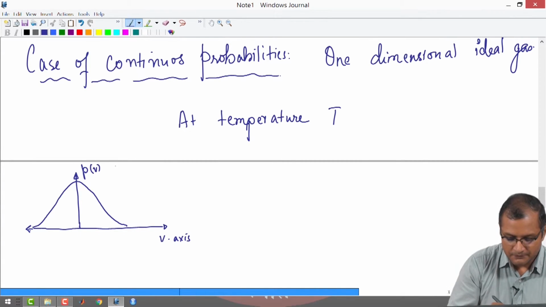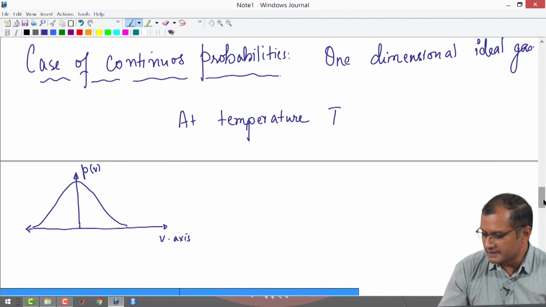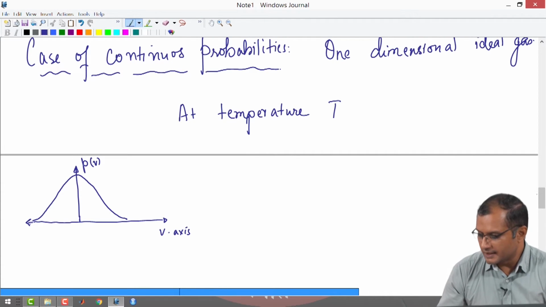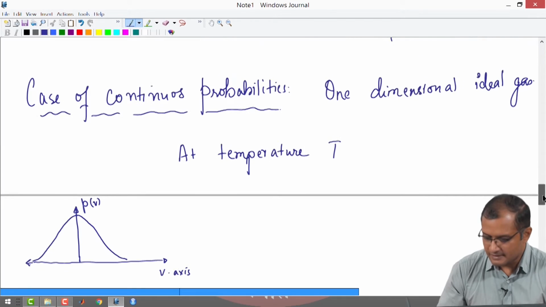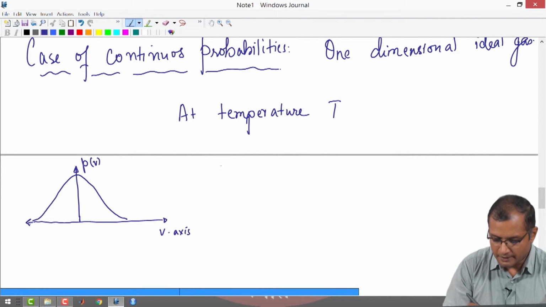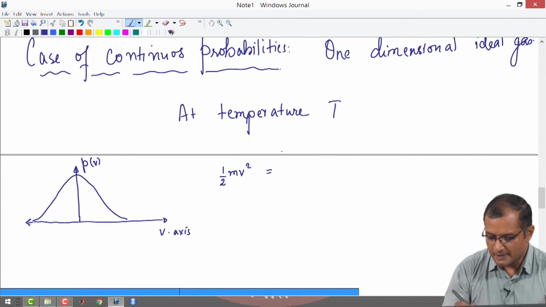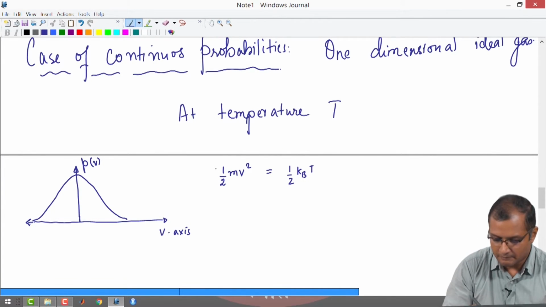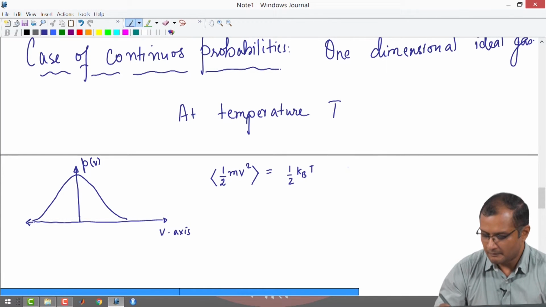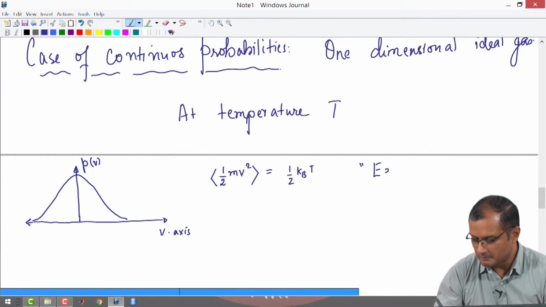We will derive this distribution, and what we really know in this case is that my average kinetic energy per degree of freedom is basically half kT by the equipartition theorem.